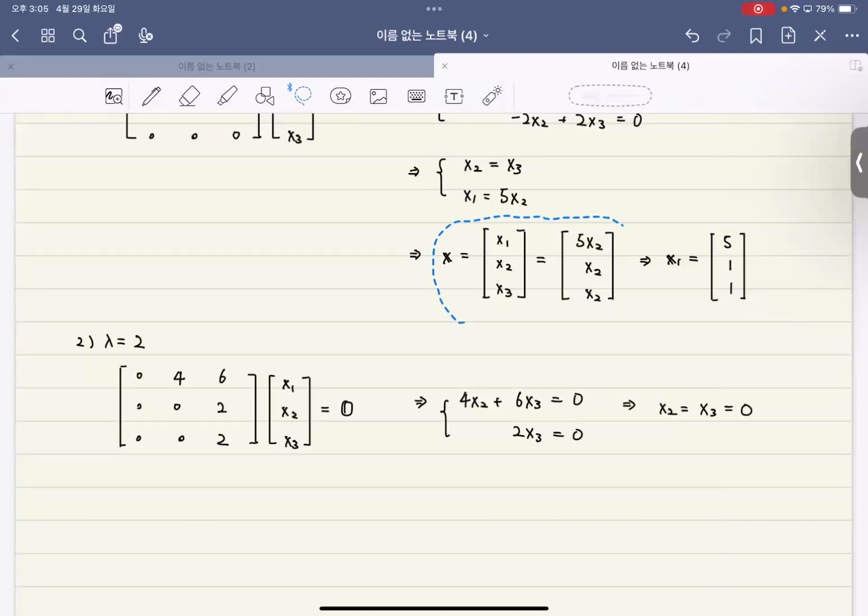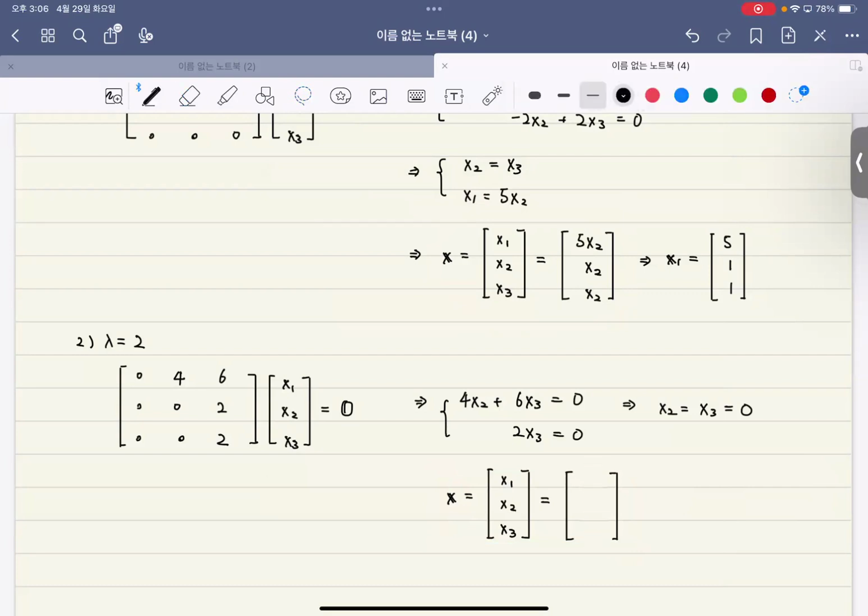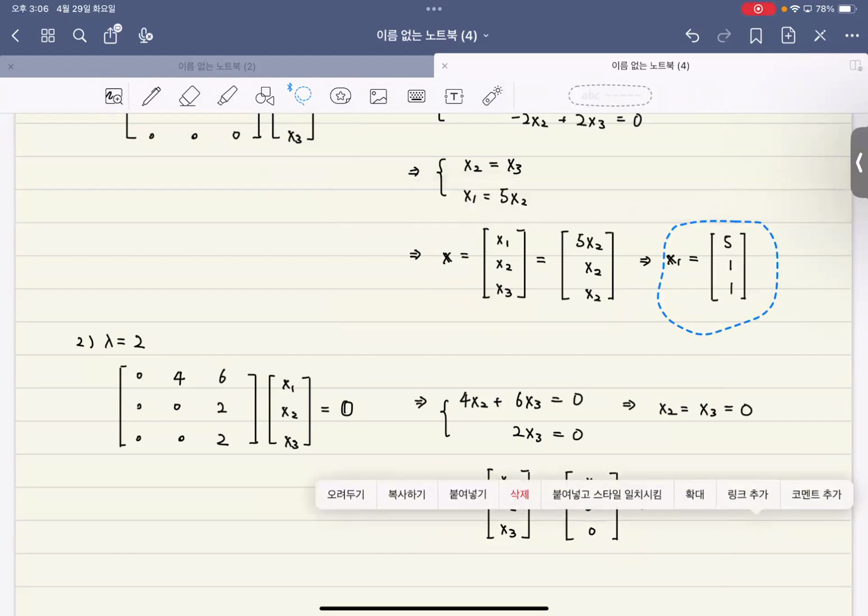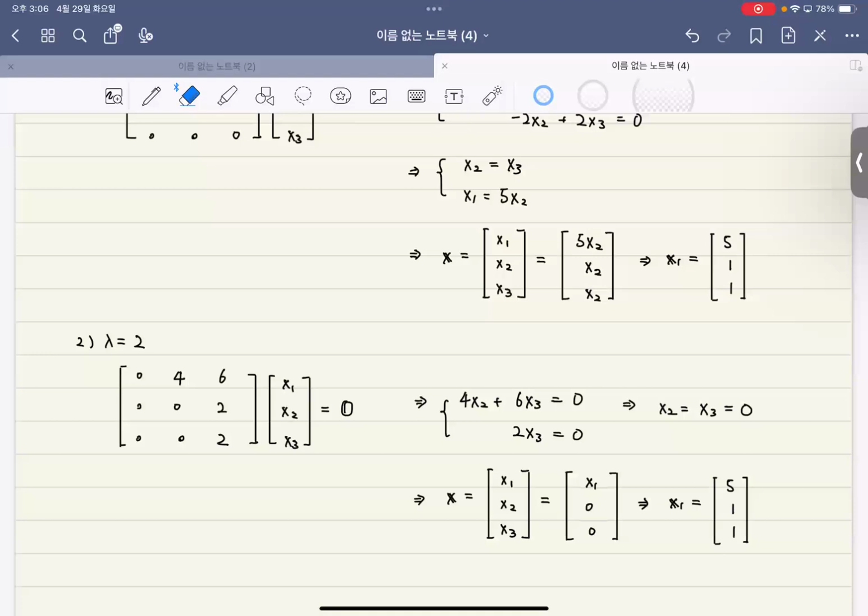So this is just x1 and 0 and 0. So the eigenvector is 1, 0, 0. Okay.